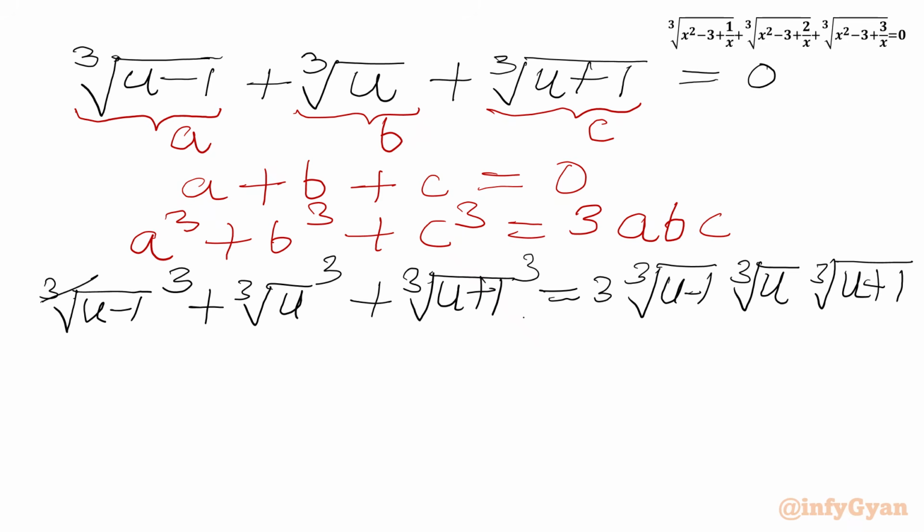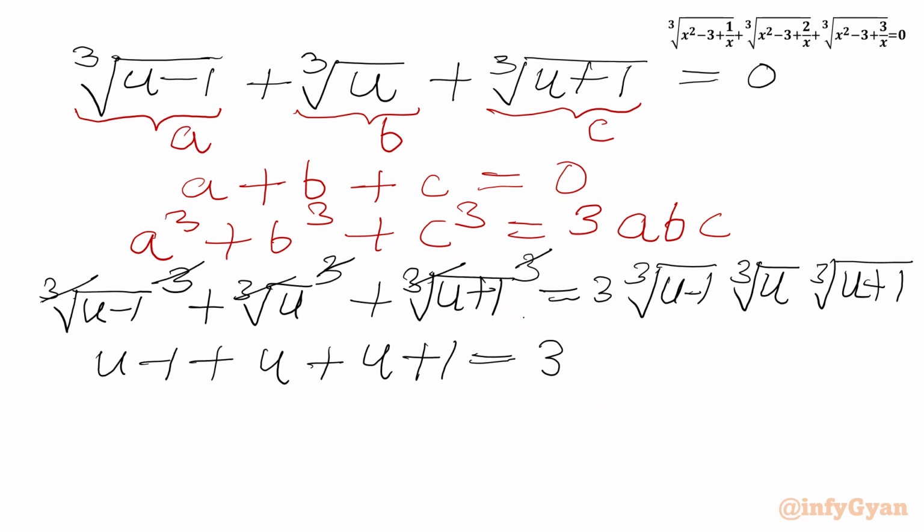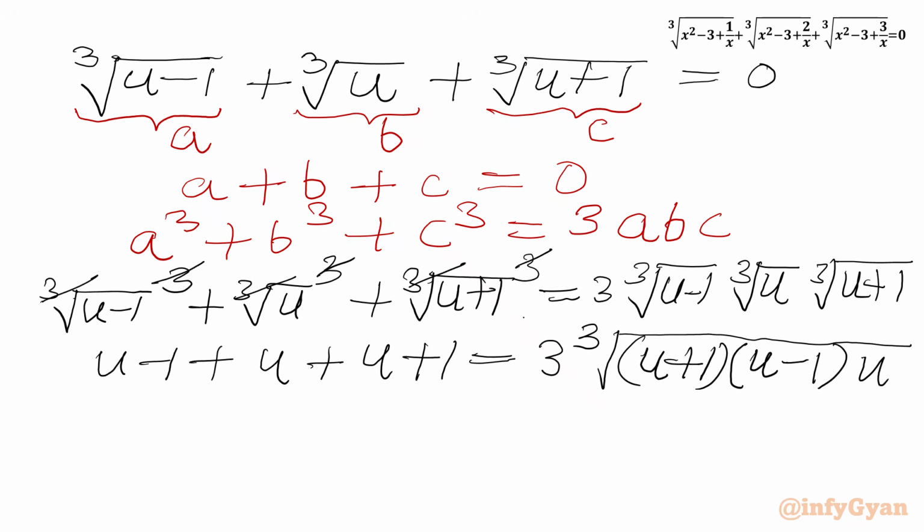Now we can cancel cube root with cube in left hand side, and we will write u minus 1 plus u plus u plus 1 in LHS. And in RHS we have 3 times. We will club all the 3 cube roots and get u plus 1 times u minus 1 times u.